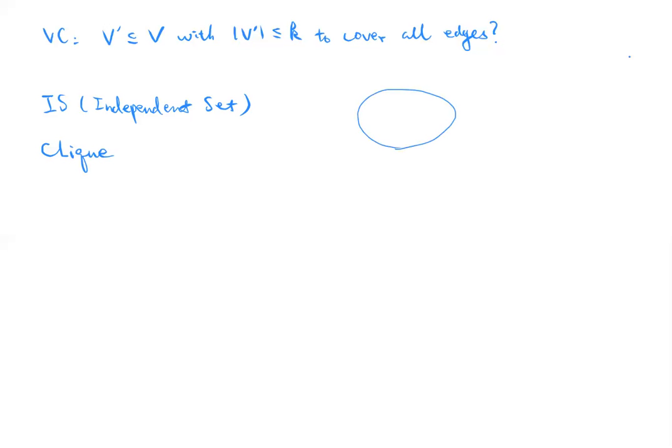If you can recall from discrete math, if V prime is a vertex cover, then vertices outside of V prime form an independent set. All right. Because these vertices cover all edges.